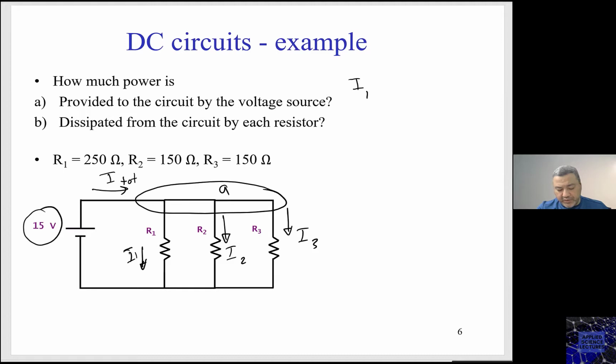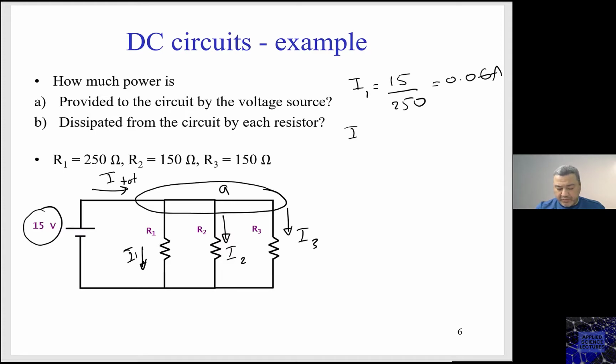I have I1 equals to 15 volt. 15 volt is in parallel with R1, divided by 250, and then this is 0.06, right? 0.06 ampere.